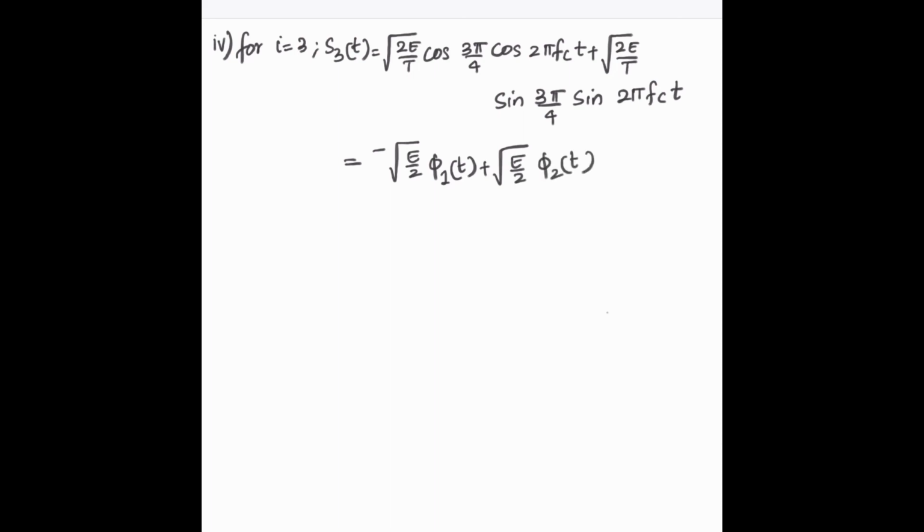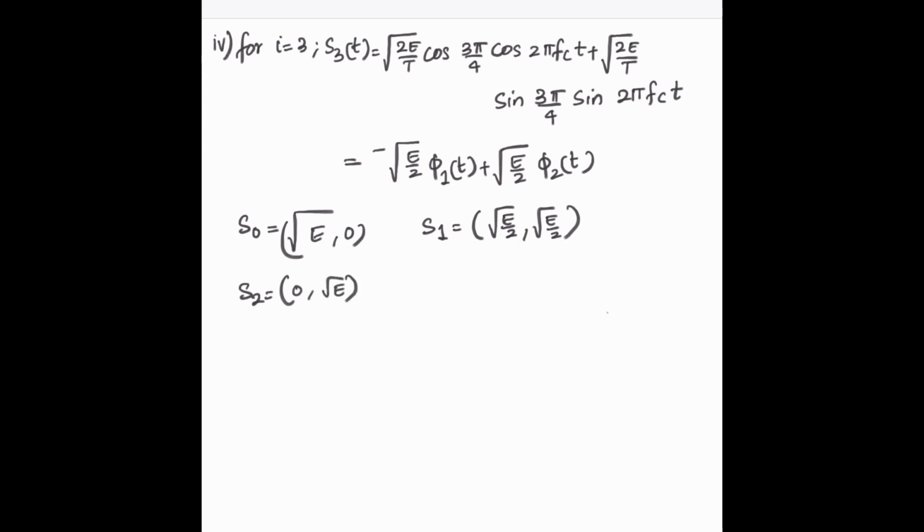The coordinates of the signal vectors, taking the coordinates alone, will be: S0 is root E, 0; S1 is root E by 2, root E by 2; S2 is 0, root E; S3 is minus root E by 2, root E by 2.